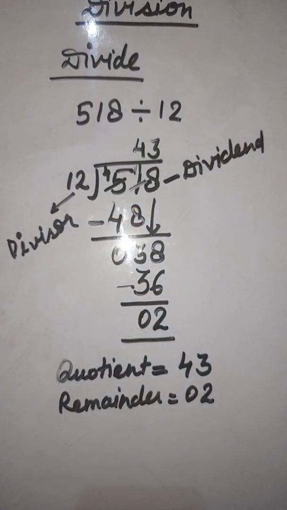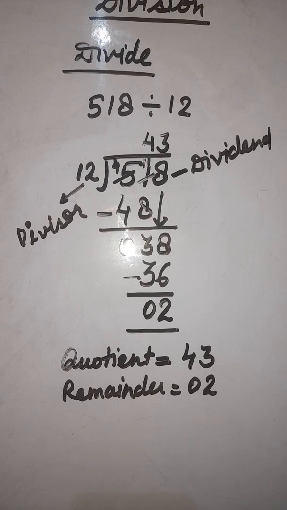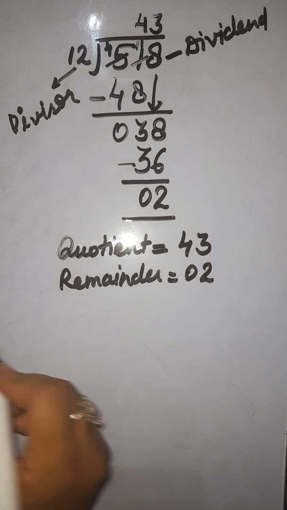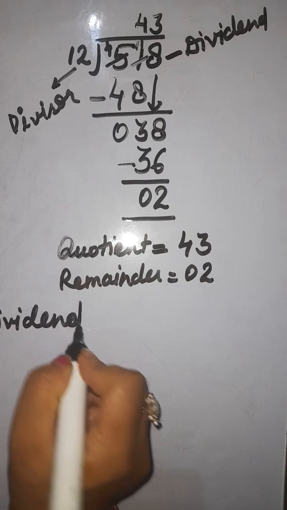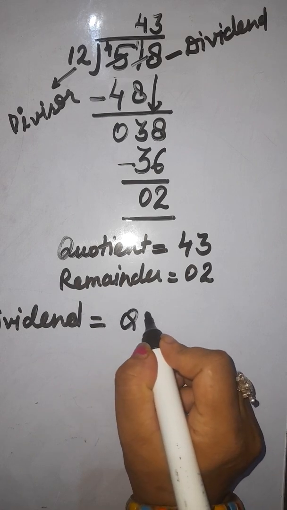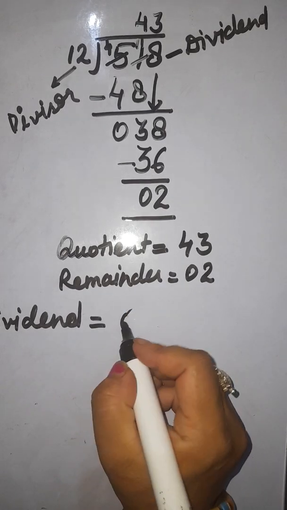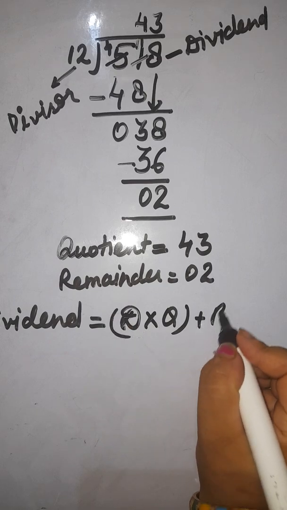Fine. Now we have a rule here. We'll check the division. We know that dividend is equal to divisor multiply quotient plus remainder.